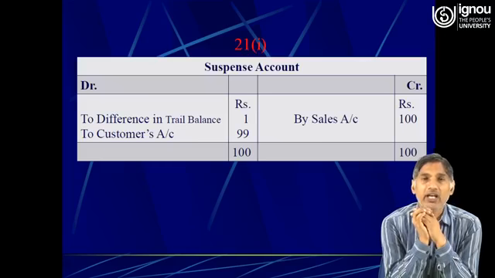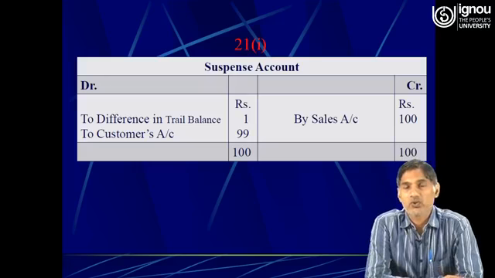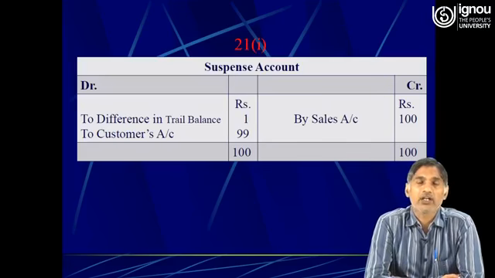Well friends, as we had discussed, in case of one-sided errors, if these one-sided errors are located before preparing the trial balance, then we need not pass any journal entry.